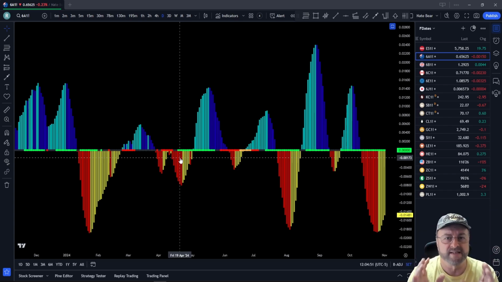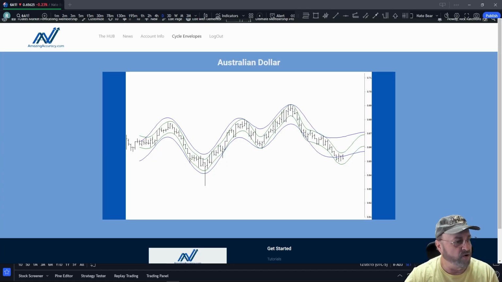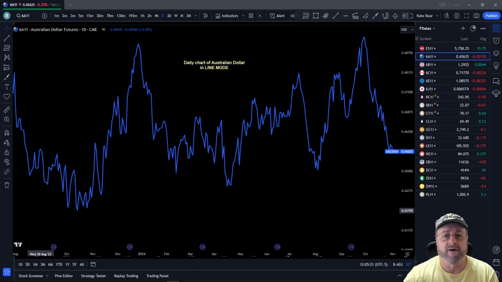Those cycles do exist. But when you have many of them of different time frames existing at the same exact time, it causes a distortion. You'll have to Google it, about the adding together of different cycle lengths, and you get a distorted pattern. Basically, the distorted pattern would be what you see here, or what you see here.